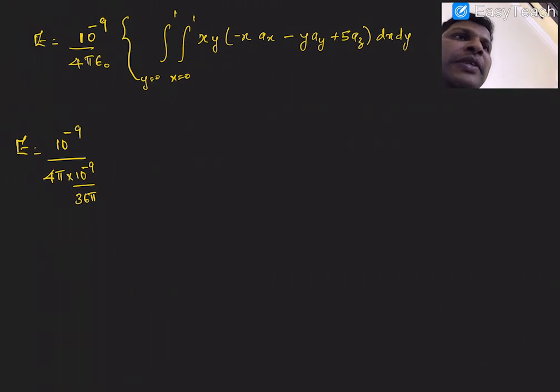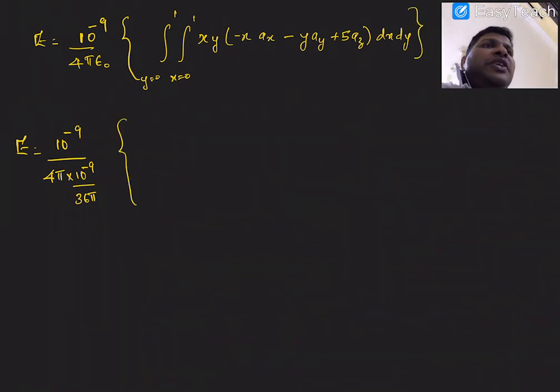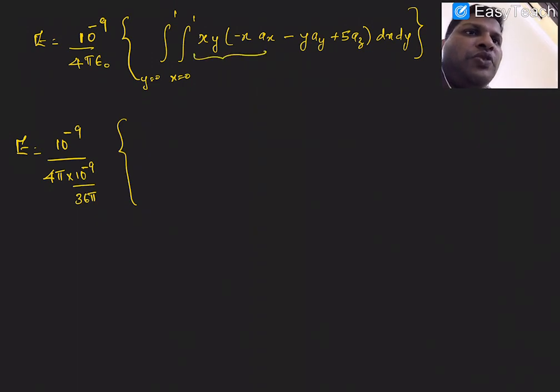Now you see here, this is a function of x and y. So if you multiply this, you will get the first part as x square into y, then minus ax.